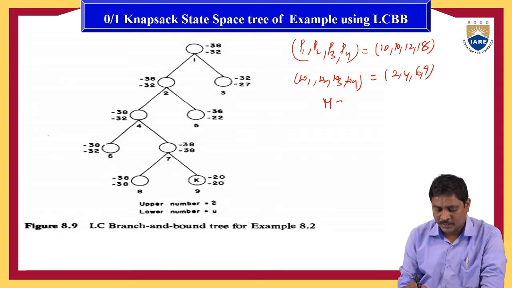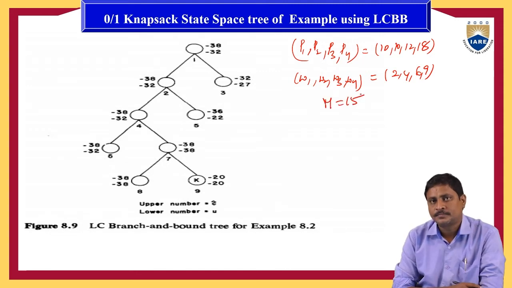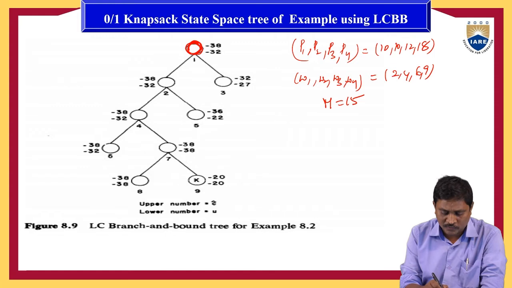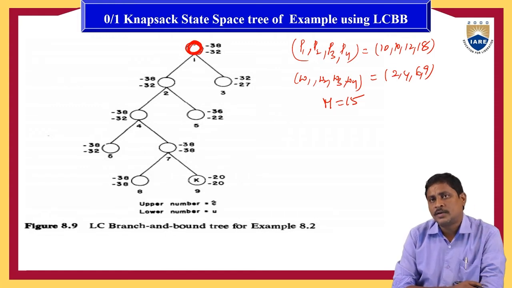Maximum capacity M equal to 50. First, this one is the live E node. So first we find the lower bound and upper bound. Whenever we find the upper bound, we completely insert those weight values into the bag.